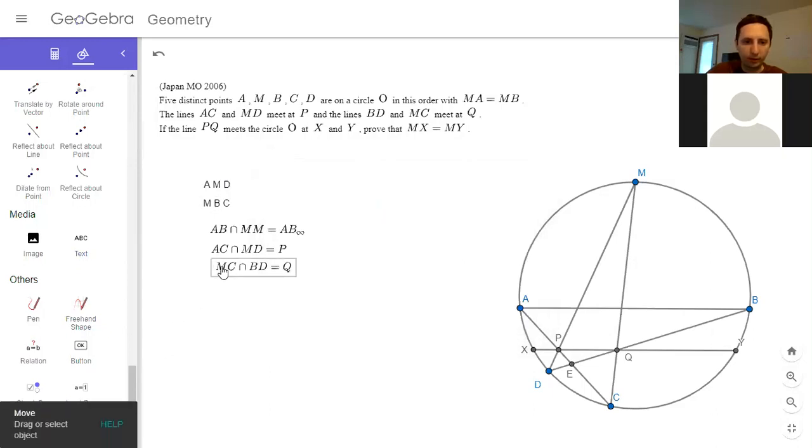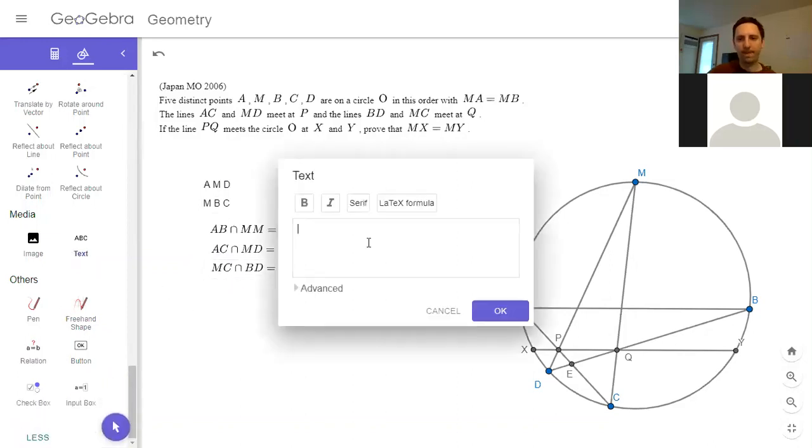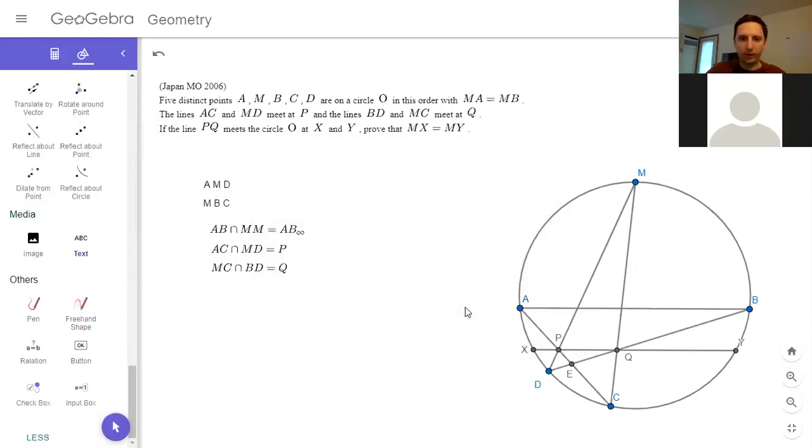So I wonder if this is the same as, I'll just write, by Pascal's theorem, P, Q, and AB.